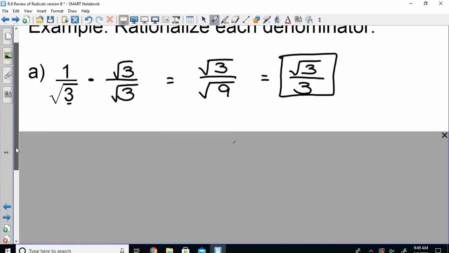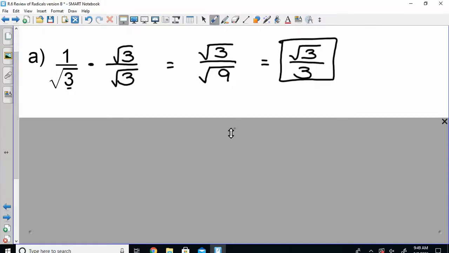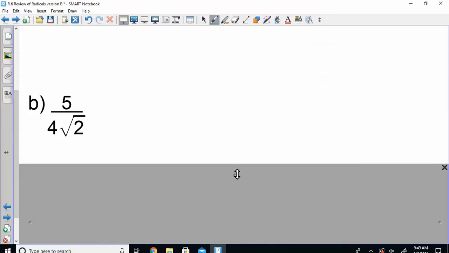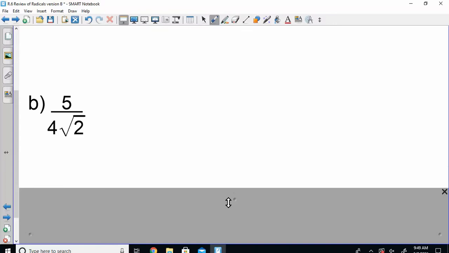All right. If I gave you this, 5 divided by 4 radical 2. All right. So again, we can't leave the radical in the bottom.